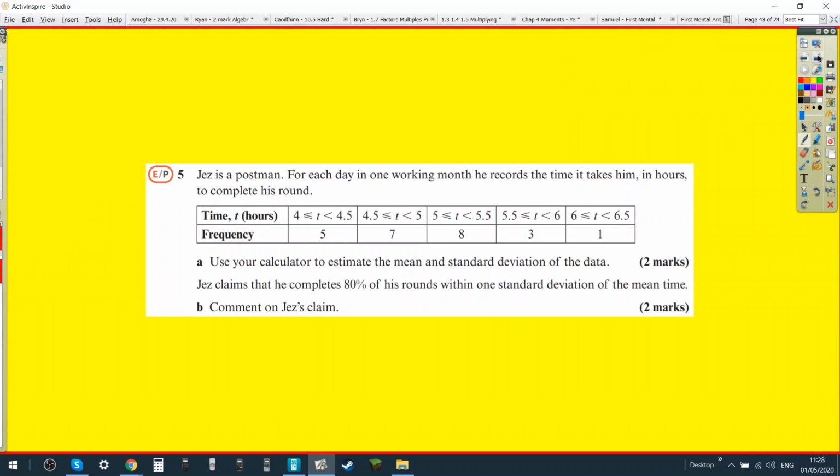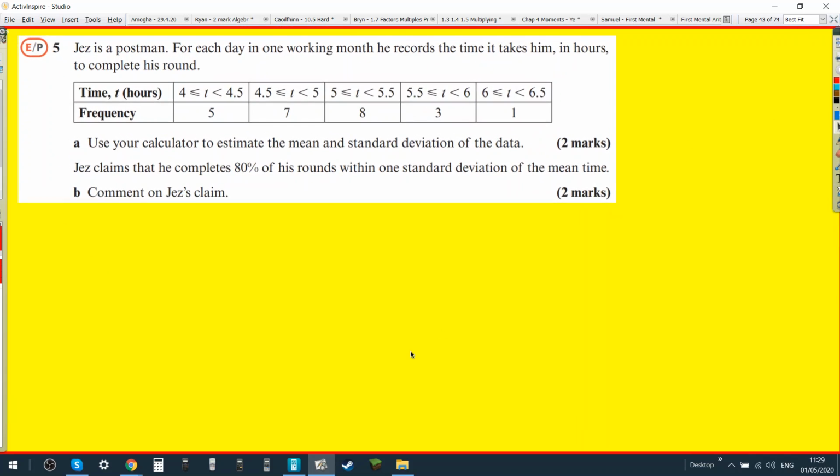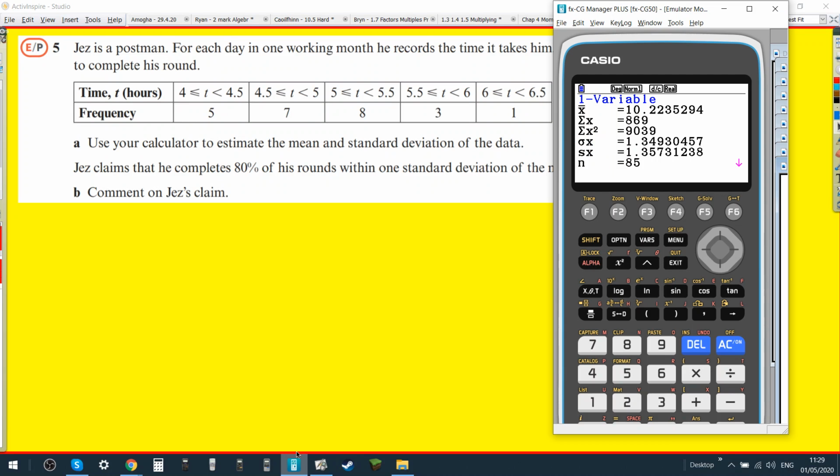No. Okay. So use a calculator to estimate mean and standard deviation. 80% of his rounds. Oh, we better do this one as well. Okay. Question. Let me see.